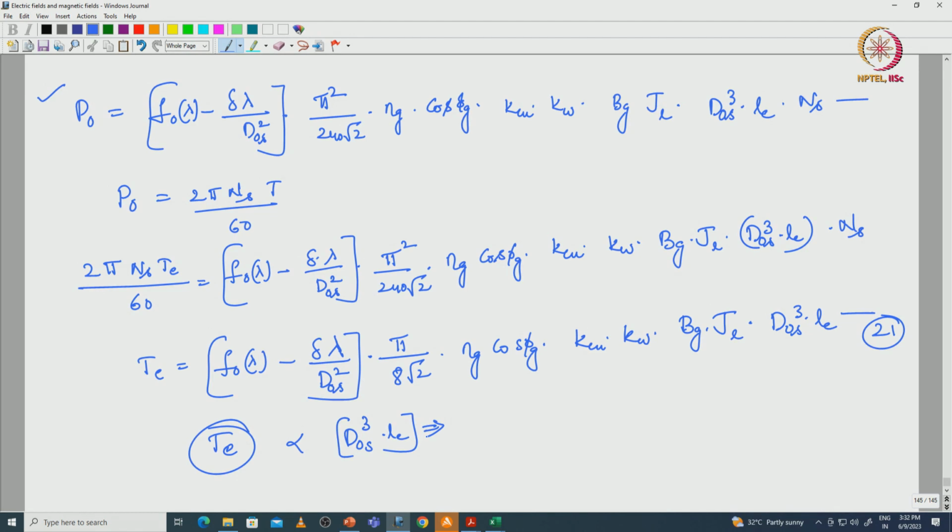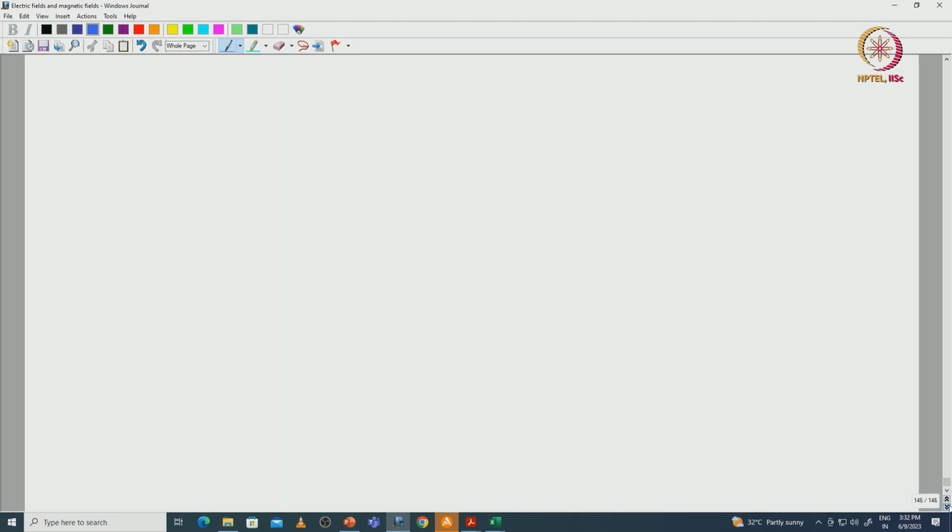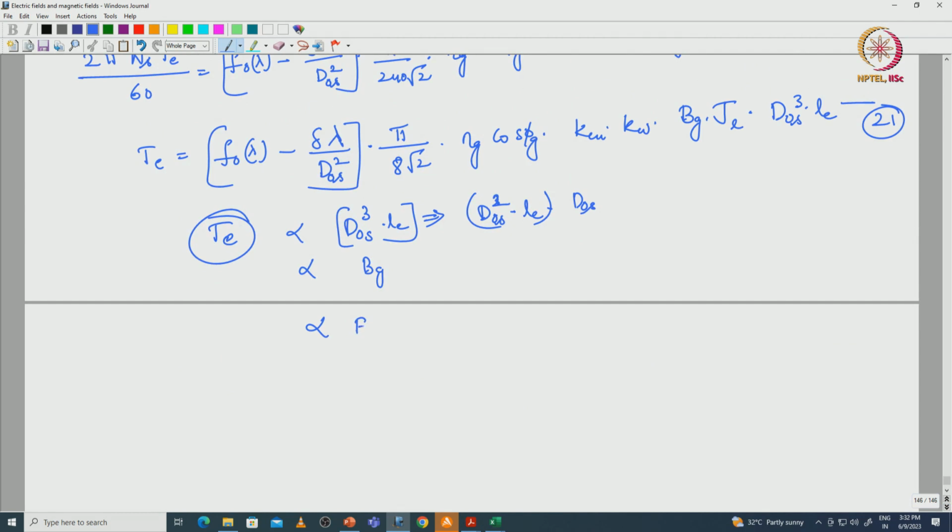We can represent D cube L as D square L into D, one more D. It depends upon the volume, and it is also related to the magnetic loading and the electric loading with respect to the actual current density, that is JL, and the power factor cos phi g.